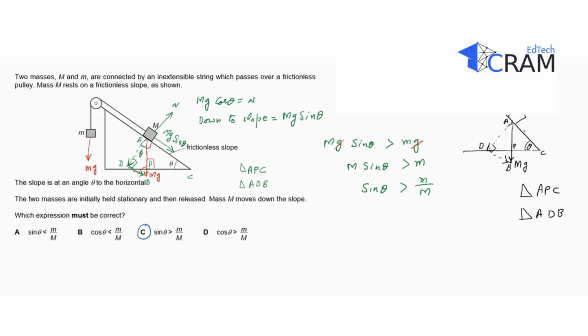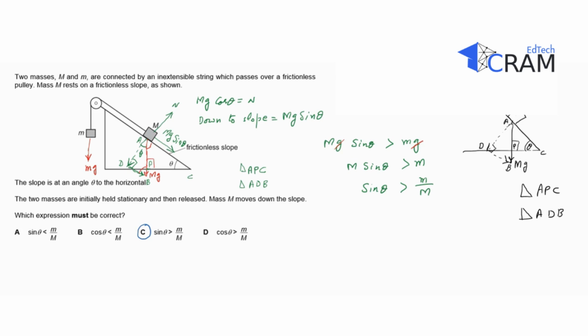In these two right angle triangles, what is common? This angle is 90 in triangle ABC, and this angle is also 90 in the other triangle, ADB. So the two triangles have one angle equal.